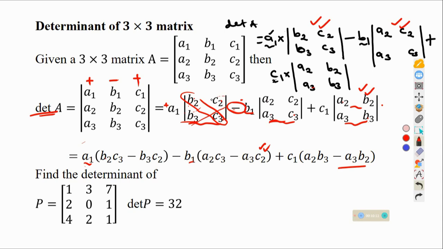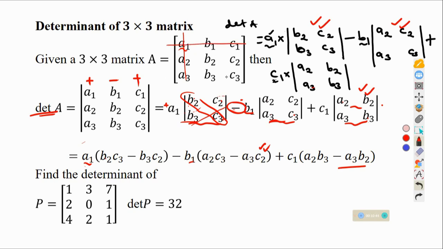But we shall understand where the minus comes from when we come to what we call the minors and cofactors of a given matrix. The minors and cofactors of a given matrix will help us to understand why this one becomes a positive, this one becomes a minus, this one becomes a positive. But what is most important is if you are considering A1, you need the value to multiply with A1, you delete the column and the row where A1 lies.